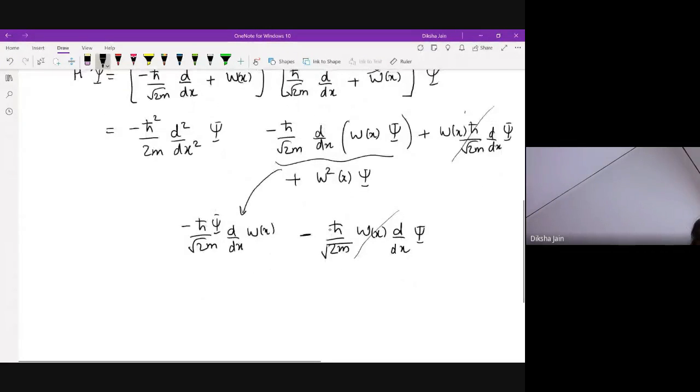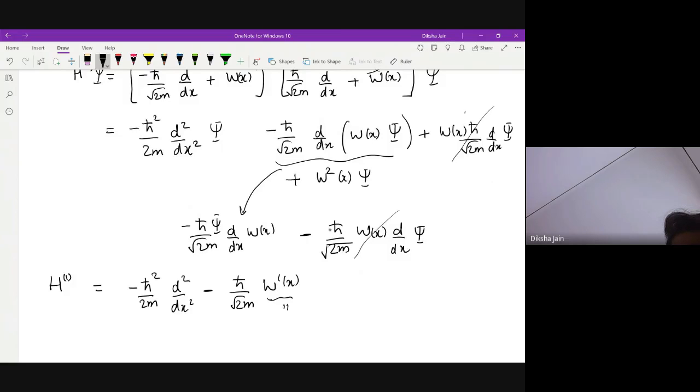Finally, you get H1 is basically minus h cross square by 2m d square by dx square plus, minus h cross by square root 2m W prime of x, where W prime means d by dx of W of x, plus W square of x.